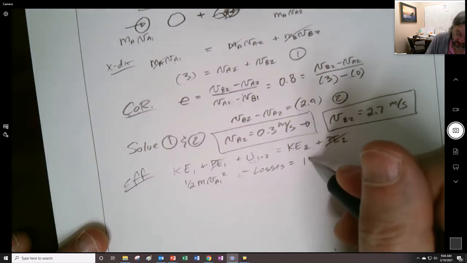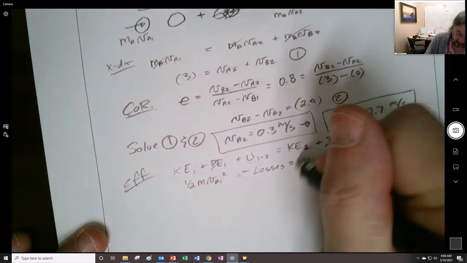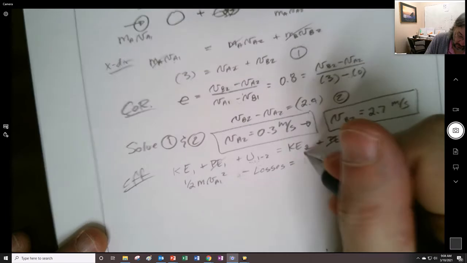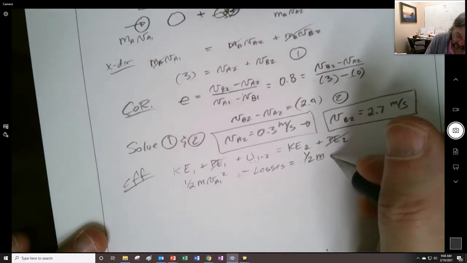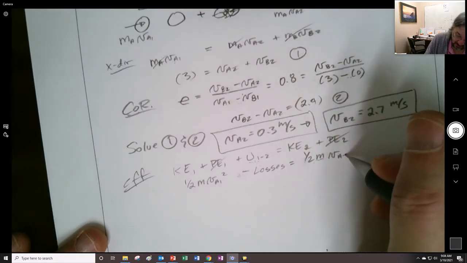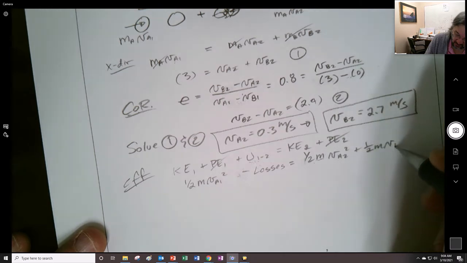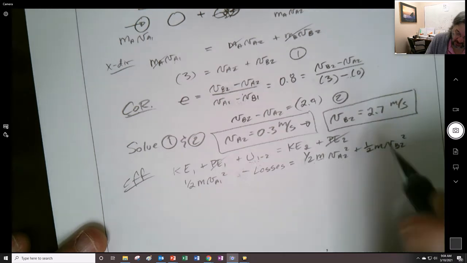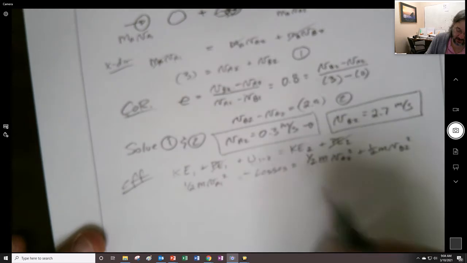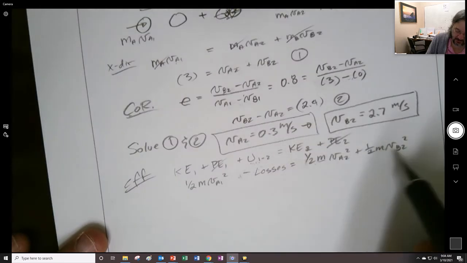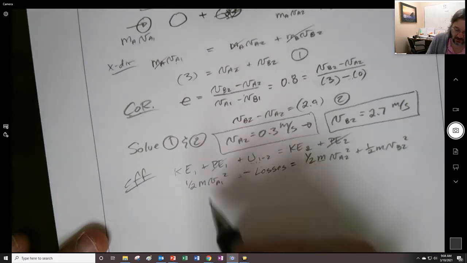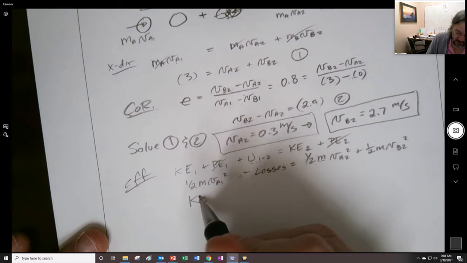It's going to equal 1/2 mVA2 squared plus 1/2 mVB2 squared. Now we don't know these masses right in here, but we're going to take it as a ratio, so they would eventually cancel out. So let's just figure out what KE1 is going to be, and we could even say this is on a per mass basis.